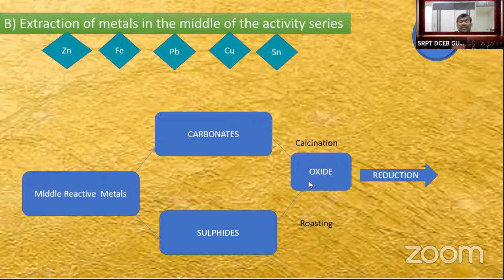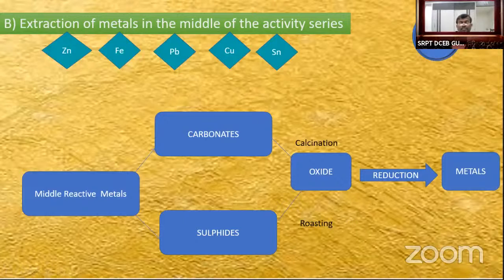After converting these carbonates and sulfides into oxides, the chemical reaction called reduction takes place. We reduce the oxide compounds into the metals.